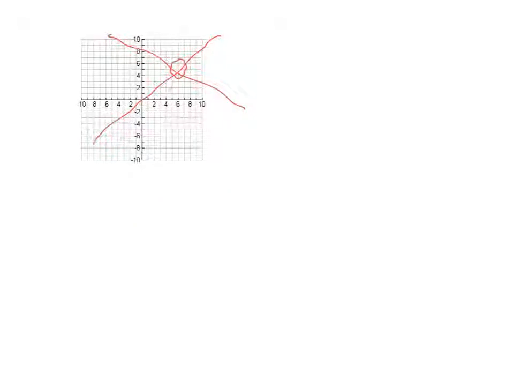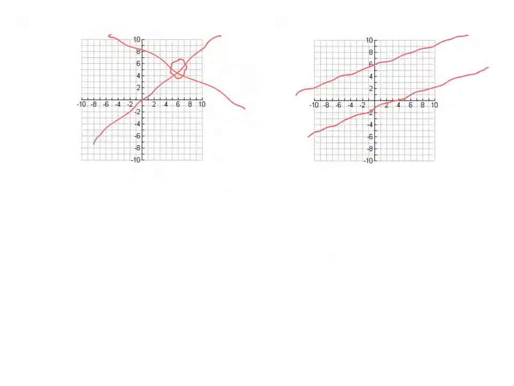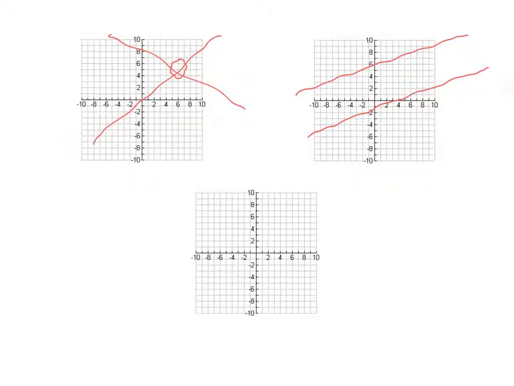Well, two lines on a graph don't always intersect. We might have two lines that are parallel, in which case they never intersect. And lastly, we might have a situation where we have two lines that are on top of each other.